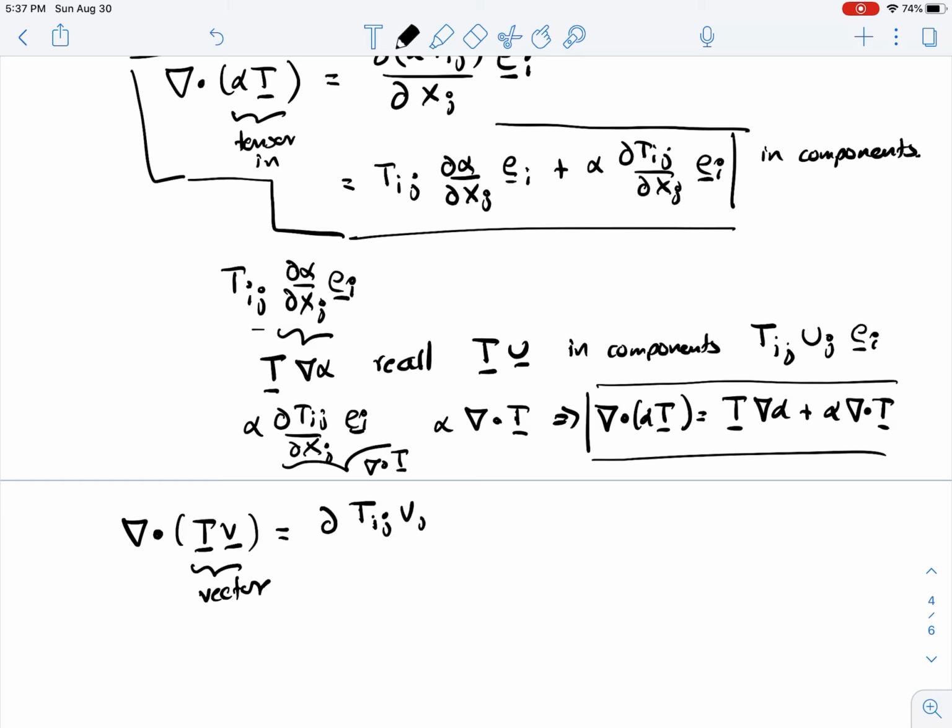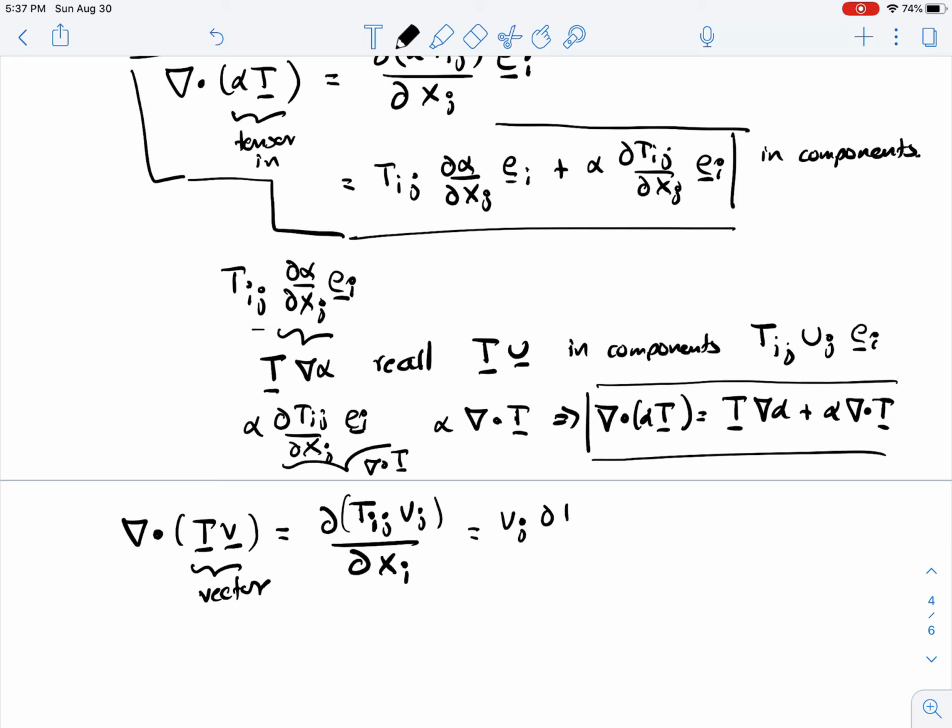And so what is the vector TV? That would be just in components, it would be Tij Vj ei, right? And now taking the divergence of that just means having this extra partial with respect to xi. So this is a scalar where I have sum over i and sum over j.